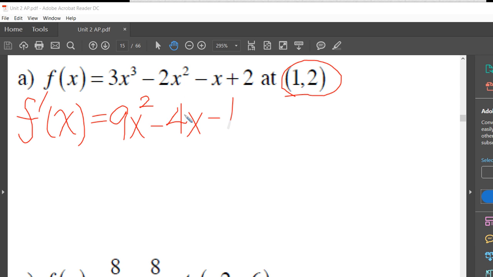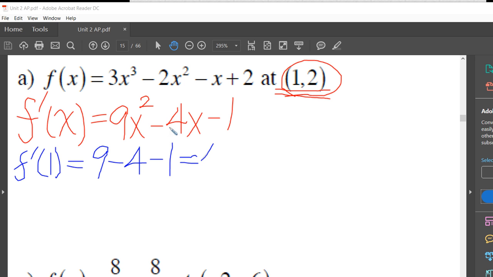Now that gives us a tool to find the slope of tangent lines at every point. However, we want it at this specific point, so we're going to plug in 1. So f prime of 1 would be 9 minus 4 minus 1, which gives us my slope at that point is 4.